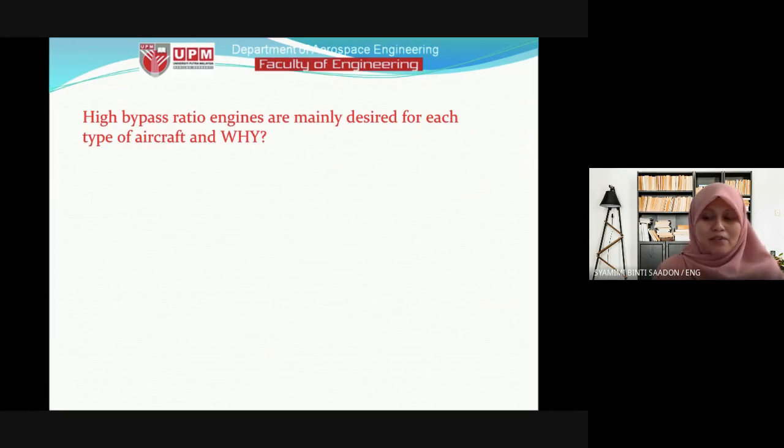With the turbofan, we have the bypass duct and bypass air, so we increase the air intake, which means we increase the mass flow rate. Later on you will see the relation between the air mass flow rate and the thrust in the equation of thrust. If we increase the mass flow rate, eventually we will increase the thrust.